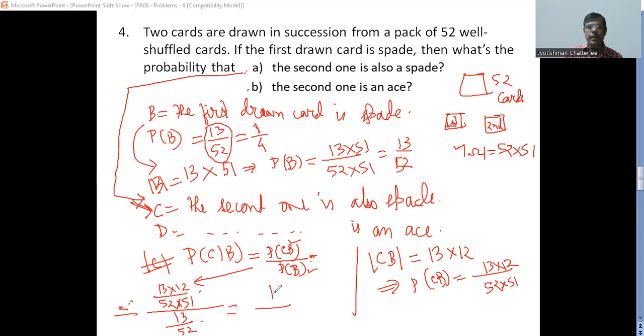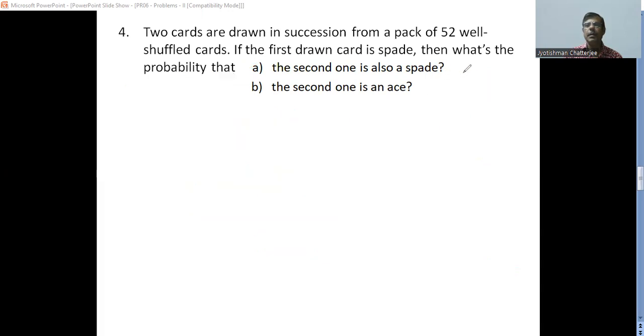So this becomes 12 by 51. So this conditional probability, the probability of C given B, is 12 by 51.